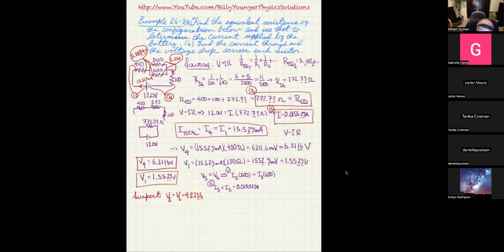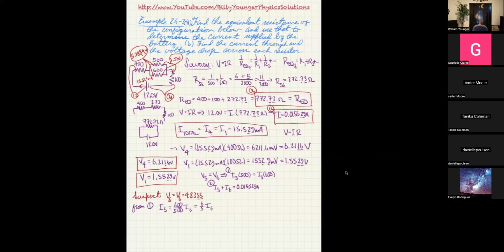And from equation 1, I'm going to say that I5, which is the smaller resistance, therefore it should be the larger current, is actually equal to 600 over 500 times I6. And of course, that's just 6/5, or 1.2 basically, times I6. Now, just to double check, 6 divided by 5 is 1.2, as I said.